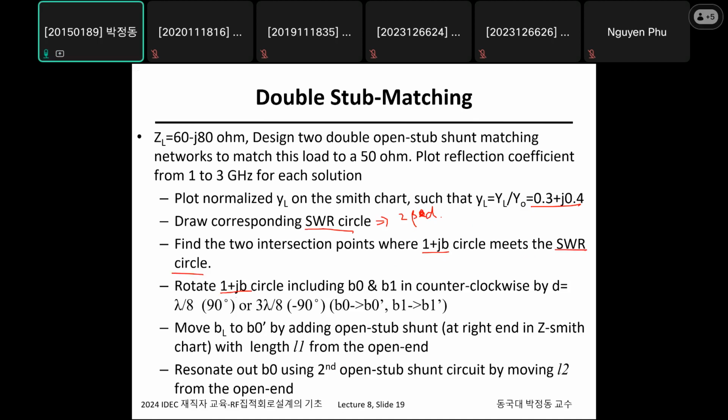But unfortunately, we cannot rotate in the Smith chart, in our Smith 4.1. That's why I don't use them. Okay, just move the intersection to counterclockwise by lambda over 8, pi over 8 actually.